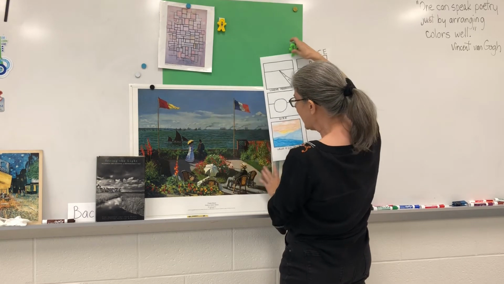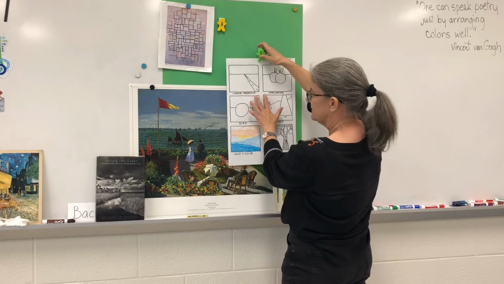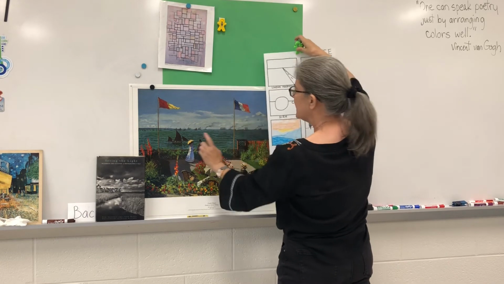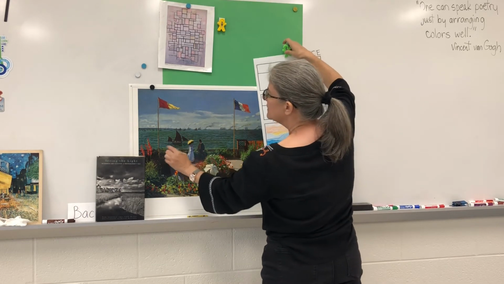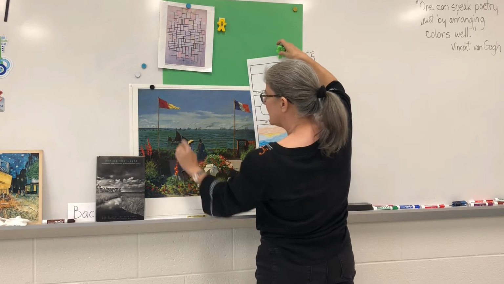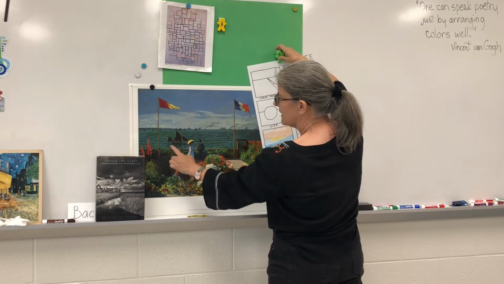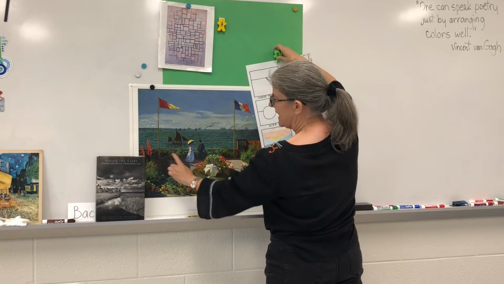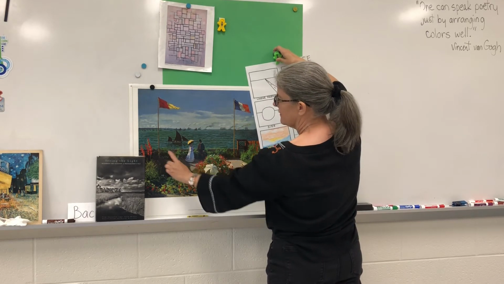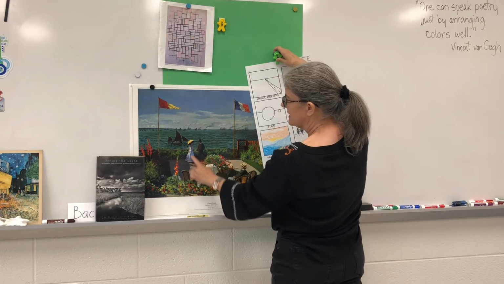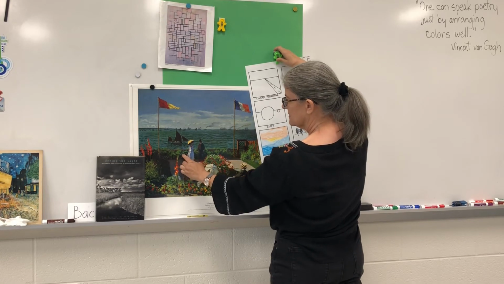He doesn't have linear perspective. He does have some, maybe a little bit of overlapping in here. For example, this flower overlaps. This is like a hedge or a bush that's growing back here. This lady is in front of that.